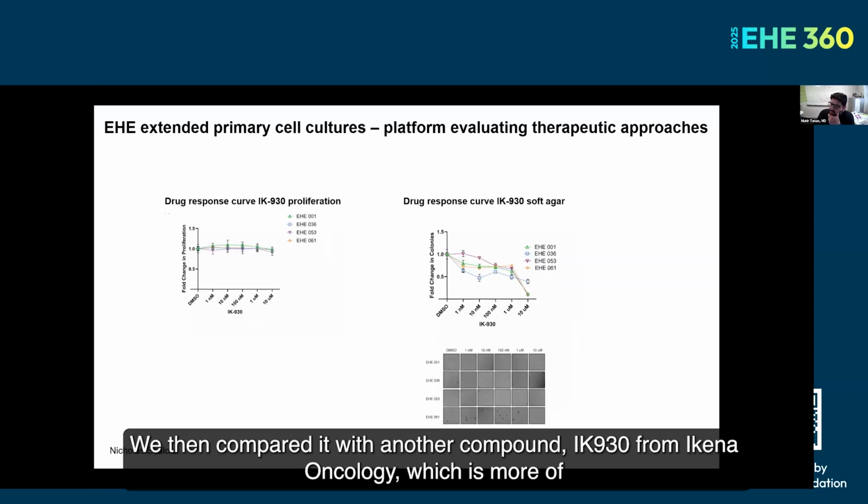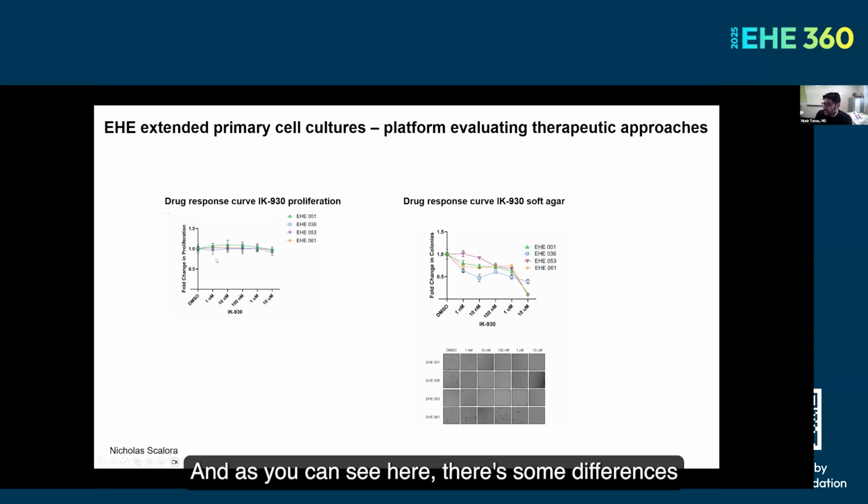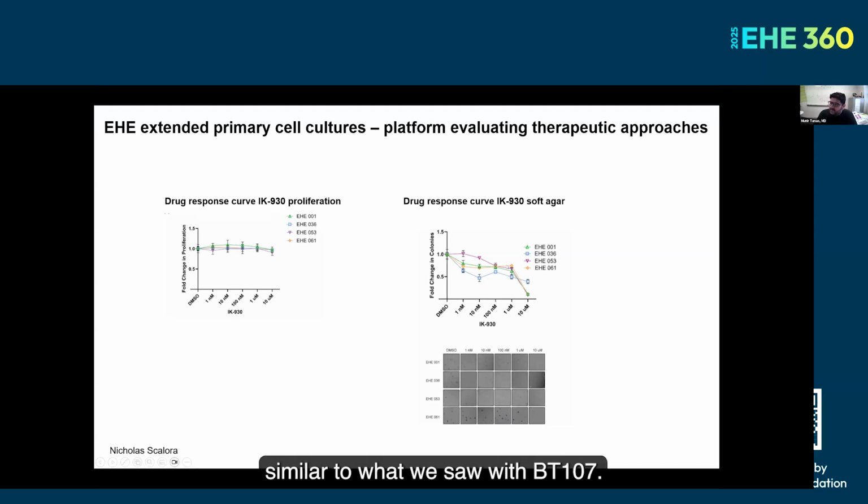We then compared it with another compound, IK930 from IK Oncology, which is more of a TEAD1-focused TEAD inhibitor. And as you can see here, there are some differences in how the cells responded to this TEAD inhibitor. Proliferation does not appear to be affected as much as with BT107, although there is some abrogation of anchorage-independent growth, similar to what we saw with BT107.